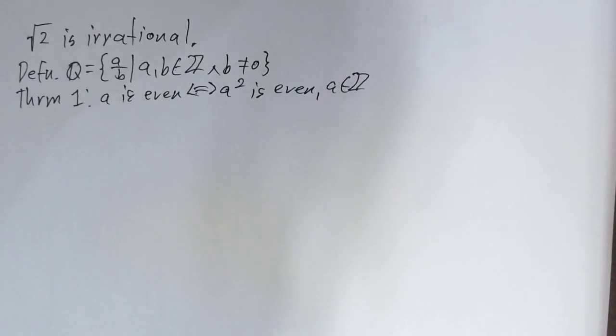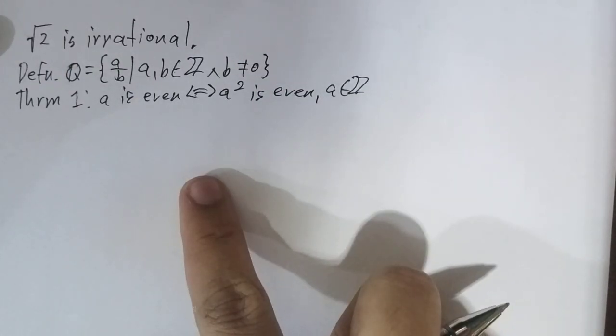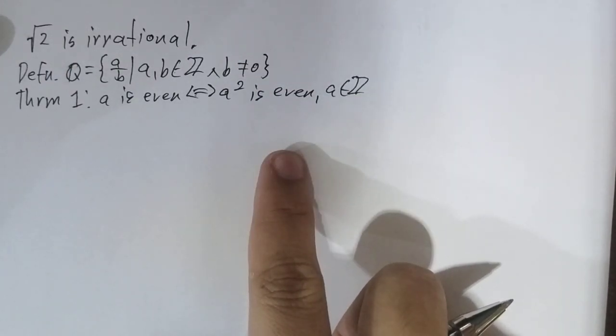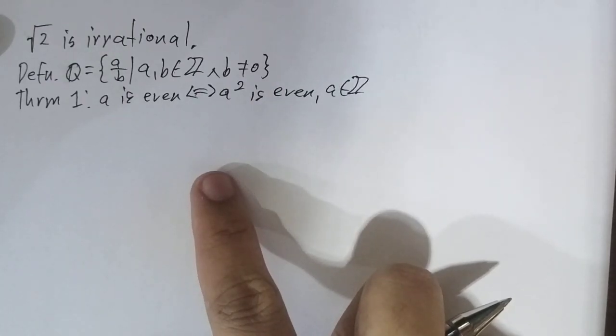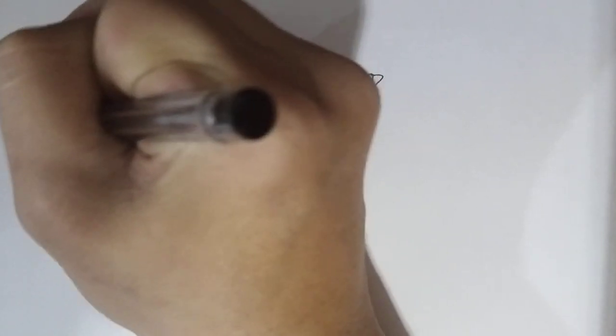This tells us that whenever we have an integer a and a is even, then its square is even, and vice versa. If we have a perfect square that is even, then its square root is even. With that, we can now start our proof.